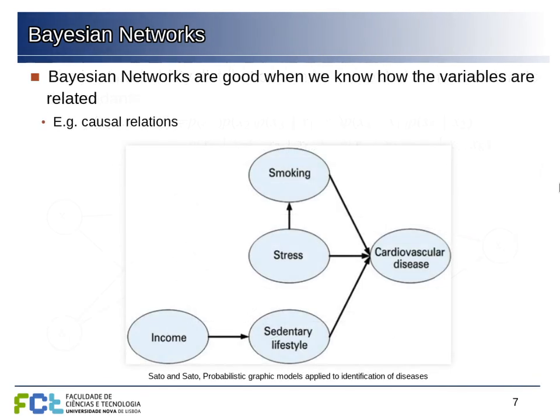And this is useful if we want to express things like causal relations. For example, the probability of having cardiovascular disease may be dependent on stress. It may be dependent on whether someone smokes or not, or in this case, we also consider that stress is a factor that will affect the probability of smoking, and sedentary life will depend on income and things like that.